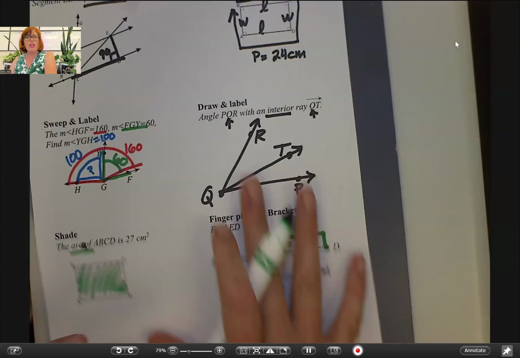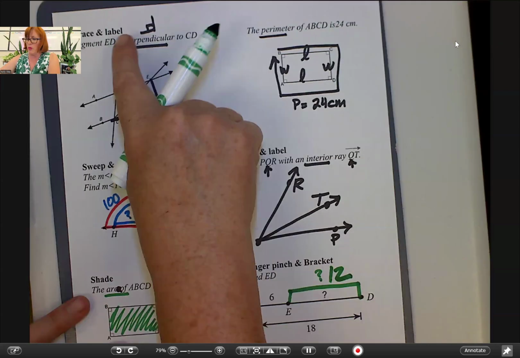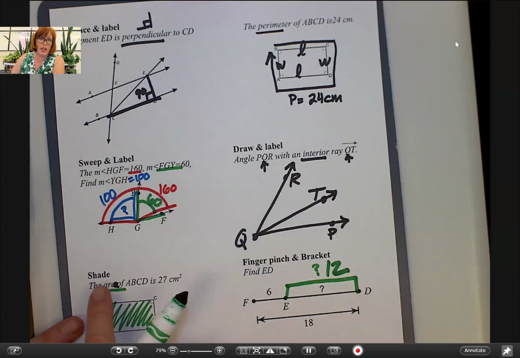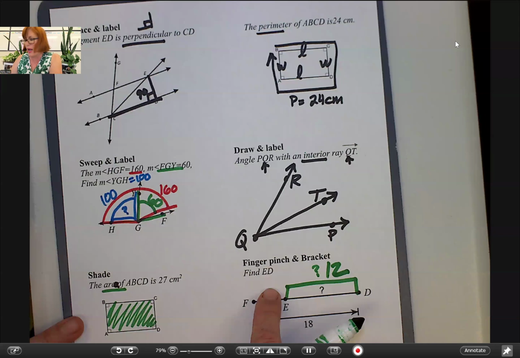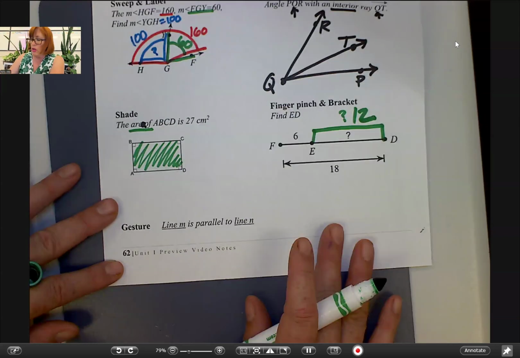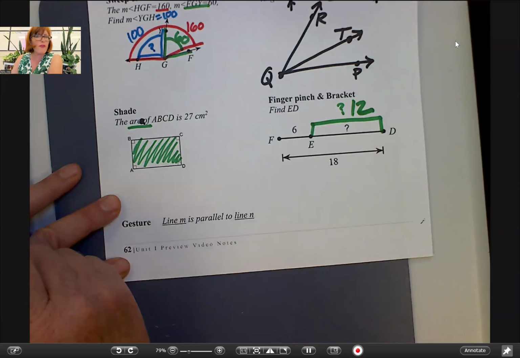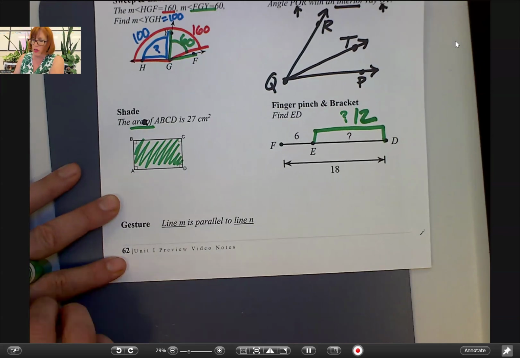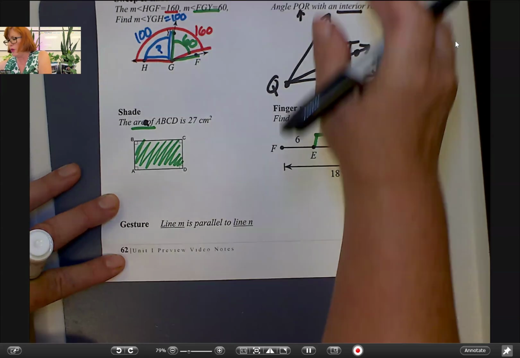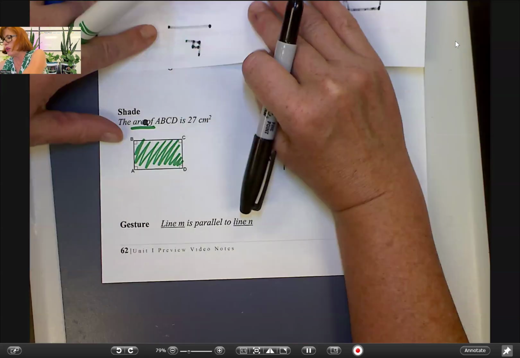So all of these: trace and label, sweep and label, draw and label, shade, finger pinch, bracket, and gesture. Your hands and arms should be flying all over the place when you're in geometry class, modeling what's being done. Let me give you an example of gesture. Really simple.